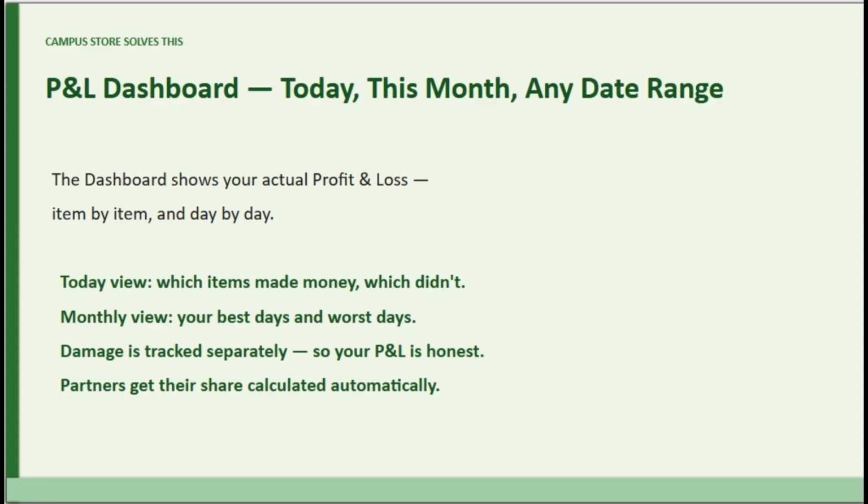Campus Store tracks all of this, and on the dashboard you get a clear profit and loss report. And not only for today or for this month, you can see that for any date range you choose. You can see exactly how much you earned, how much you spent, and what your actual profit is, item by item and day by day.